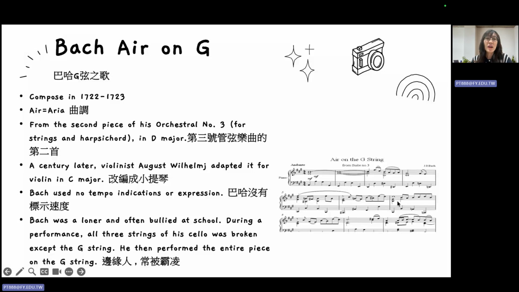Okay, and also Bach was a loner. The loner 就是边缘人 and he was bullied at school. 在学校被霸凌. So during a performance, he was playing the cello at the time, and he found that 3 of the strings of his cello were broken. 有3条弦被故意的、刻意的弄断了.